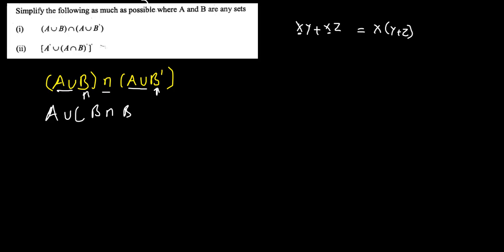We have simplified. And then for B, we have got A complement union A intersection B, all complement. There's a complement outside, and then there's another complement outside. So what you do is start with the complement outside everything.